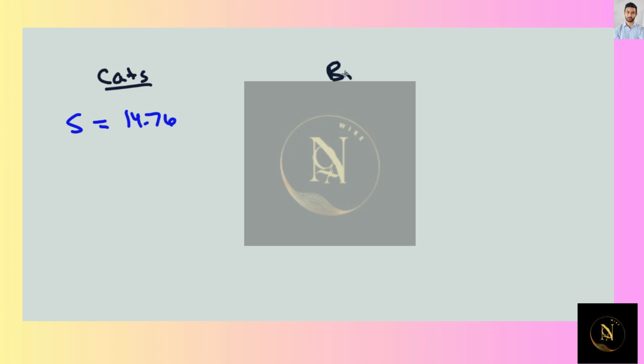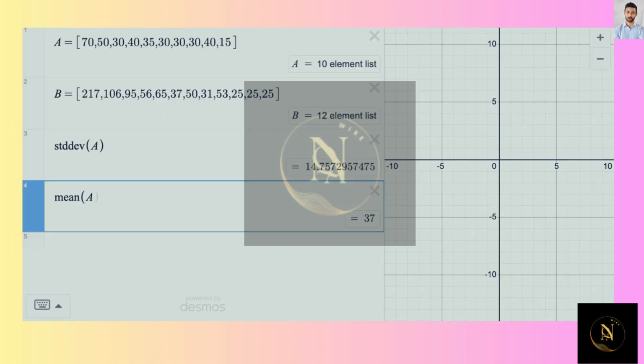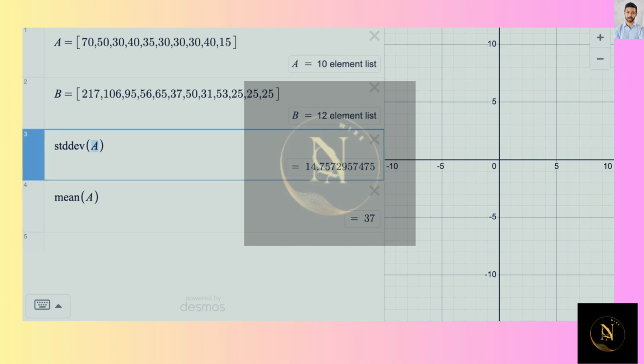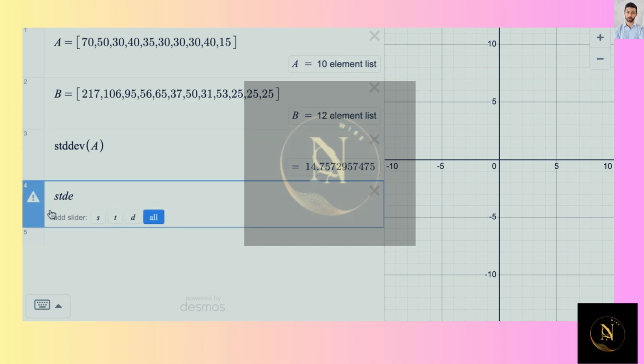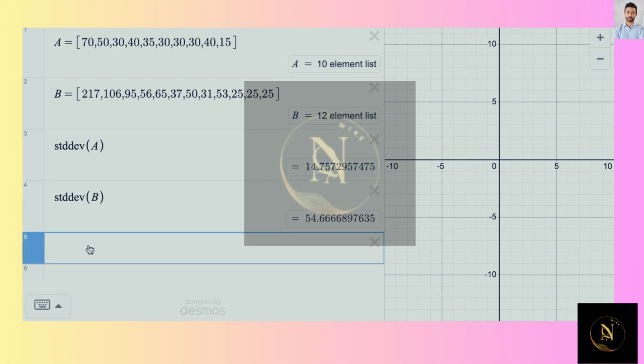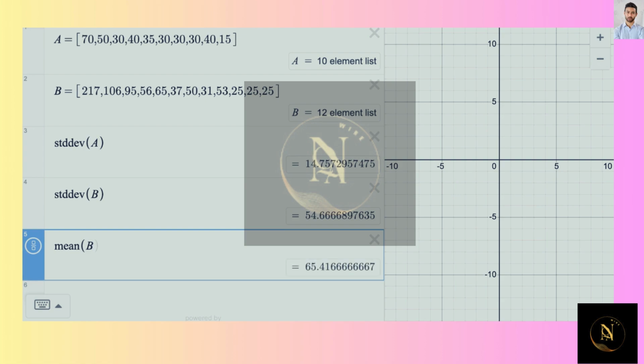For birds, the standard deviation, set B, which again, if we were to find the mean of set B, add them up, divide by how many they are, you get about 65.4.